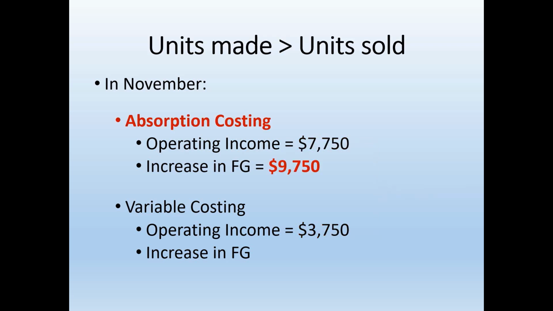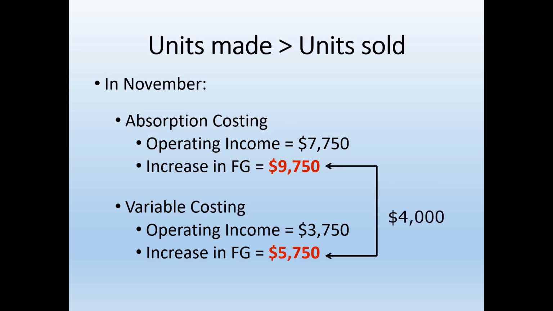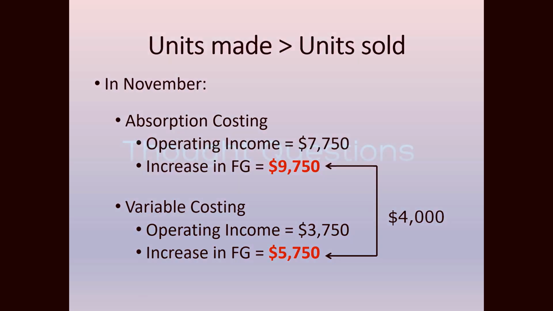When we compare the increase in finished goods, as you can see, the increase in finished goods is $4,000 greater for absorption costing than for variable costing. That $4,000 difference in income and finished goods represents the difference in what happened to fixed overhead.